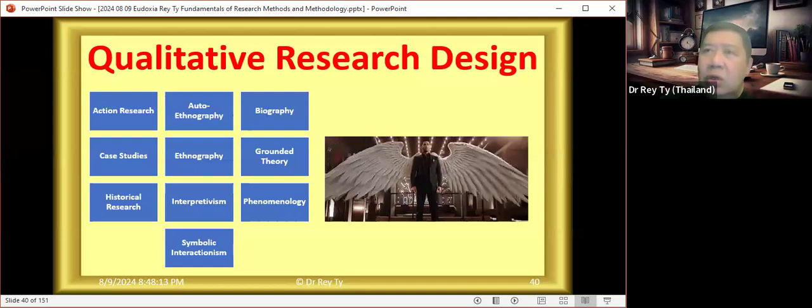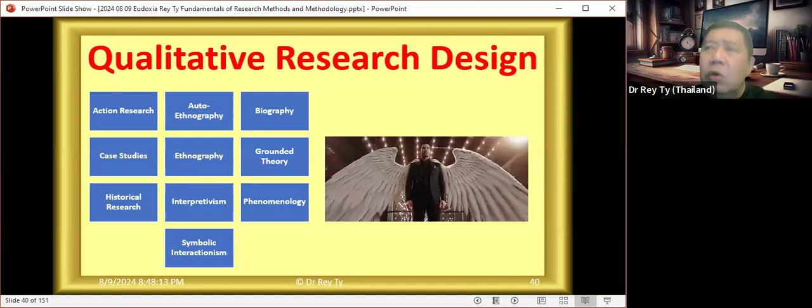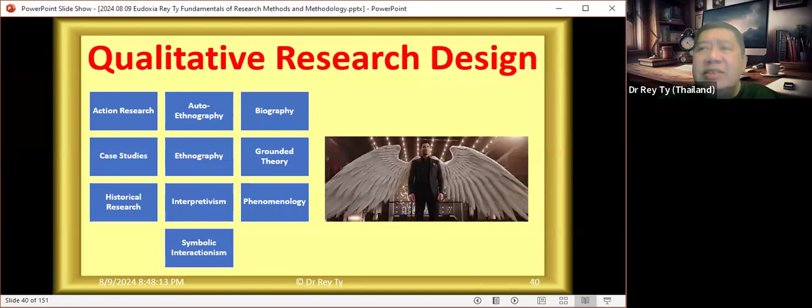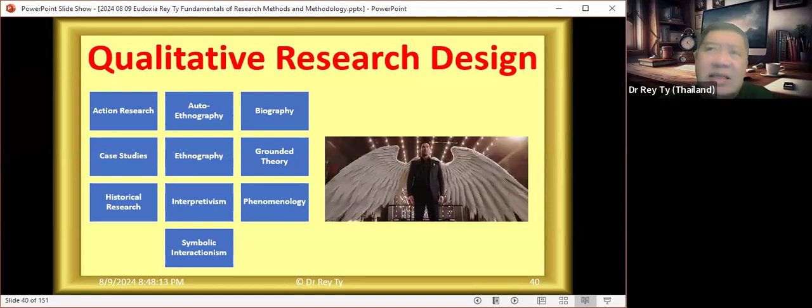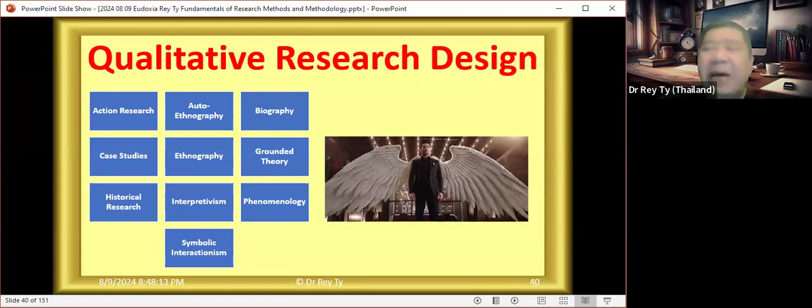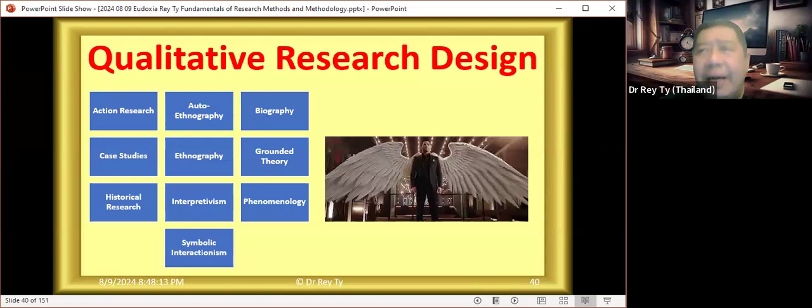Autoethnography is where you want to document your life, let's say, as a student living in the maid's chamber, in the attic, in a French apartment in Paris. Okay, you are an au pair.